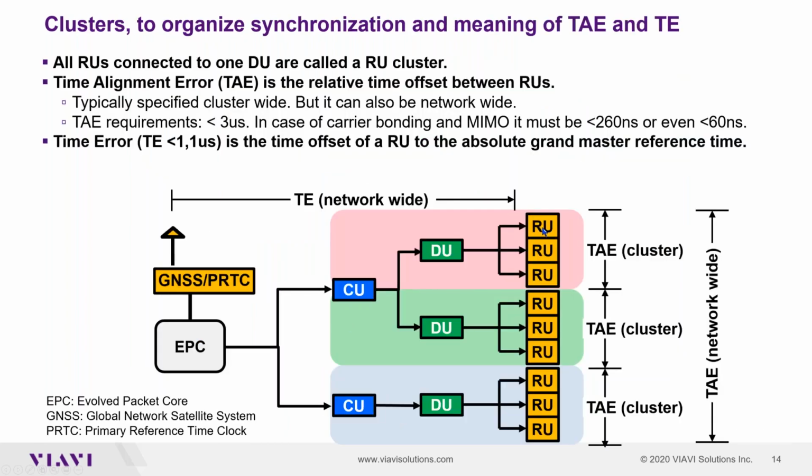Okay, this is the time error, and this is the overall time error. It's 1.1 microseconds. So this is at the interface to the big reference, which is then the GNSS system. It should be less than 1.1 microseconds. This is the time error.